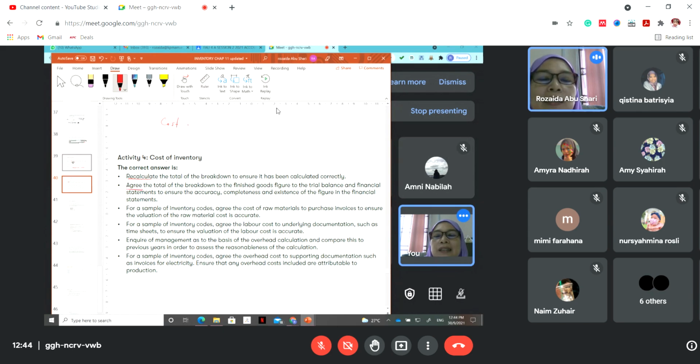Agree the total of the breakdown to the finished goods figure in the trial balance and the financial statements to ensure the accuracy, completeness and existence of the figure in the financial statements.